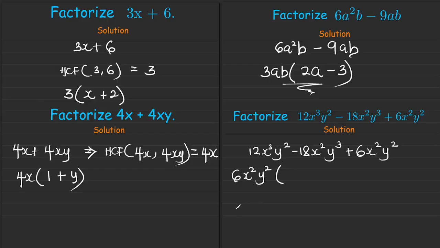For the very first one, which was 12x cubed y squared, we are dividing it by what? 6x squared y squared. So this 6 divides 12 to give us a 2. So we write that 2 here. Then this x squared cancels out 2 of the x's we have here.